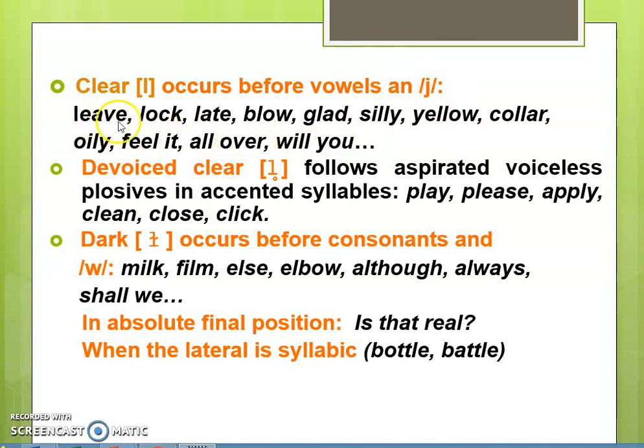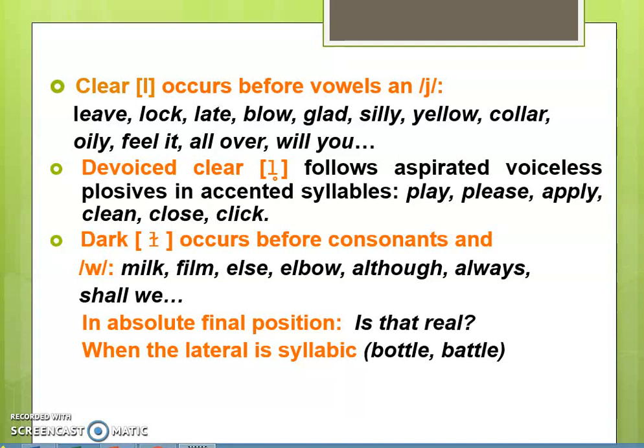So in leave, lock, late, blow, glad, silly, yellow, color, oily, feel it at word boundary, all over at word boundary, will you at word boundary, we produce the clear allophone, which resonates like a front vowel.